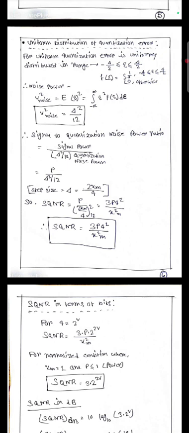So we can say the signal to quantization noise power ratio is signal power P divided by delta square by 12, the quantization noise power. So step size delta is equal to 2xm by 4, and SQNR is 3 P q square by x square m.